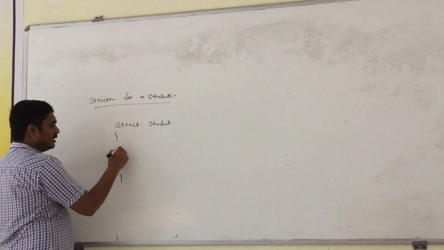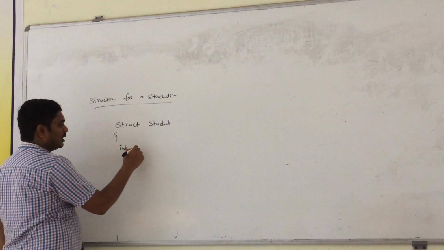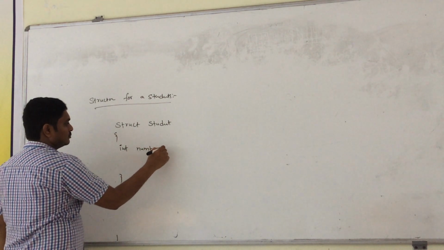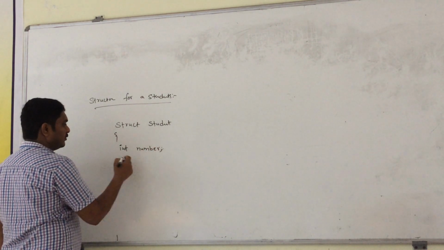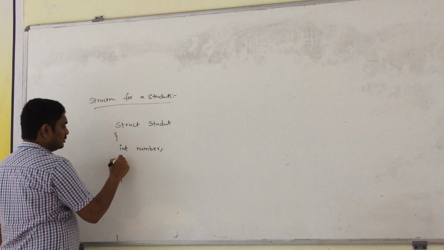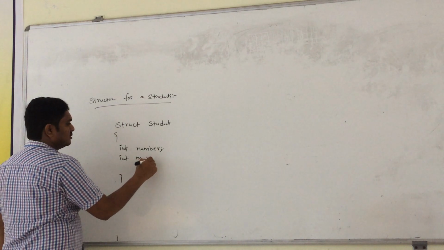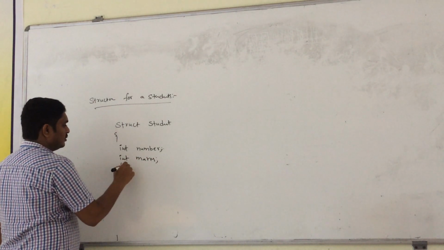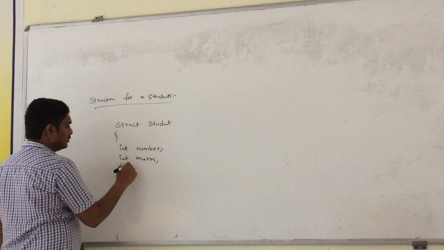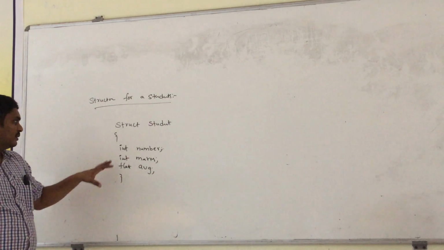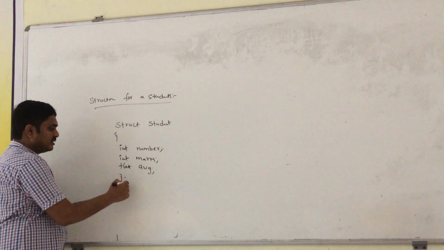For every student there is a roll number, some marks, and an average. Here the structure ends with a semicolon.